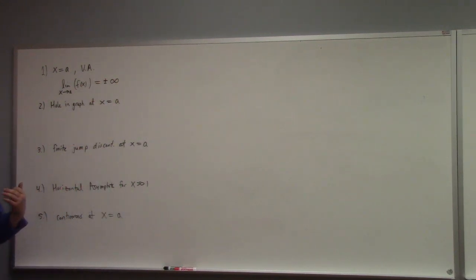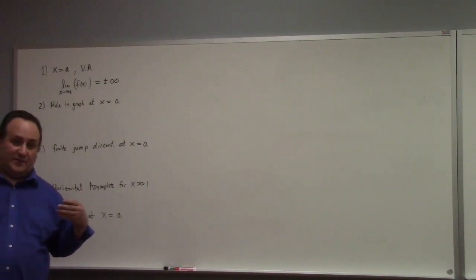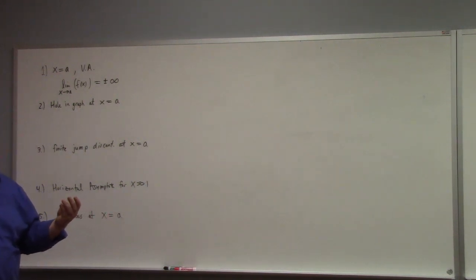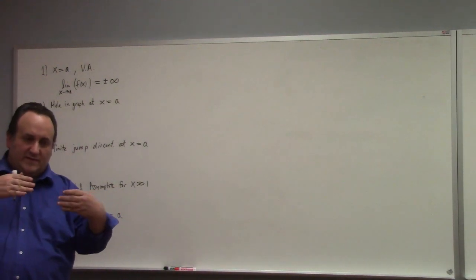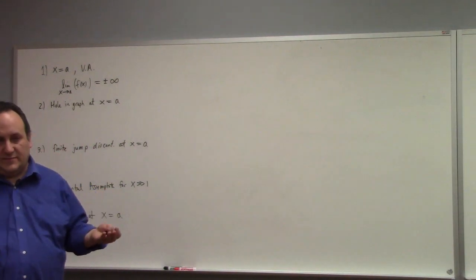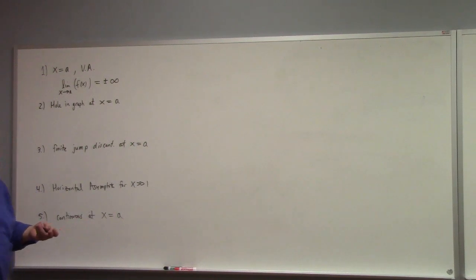We could have from the left the limit's infinity, from the right the limit's minus infinity, but basically whenever either one or both of the left or right limits as x goes to a is infinite, it's a vertical asymptote. So a vertical asymptote at a point implies the existence of an infinite limit, either from the left or the right or both. Hole in the graph, what would that mean?